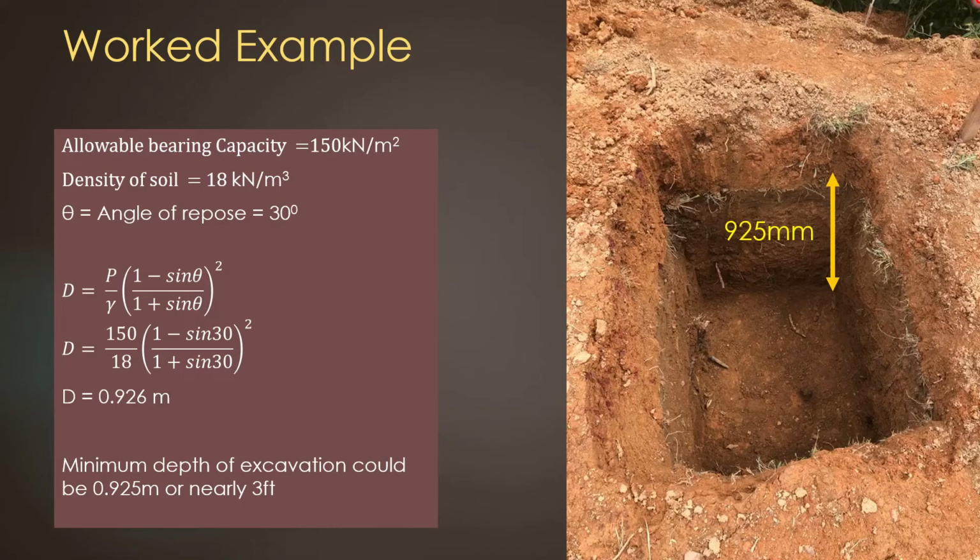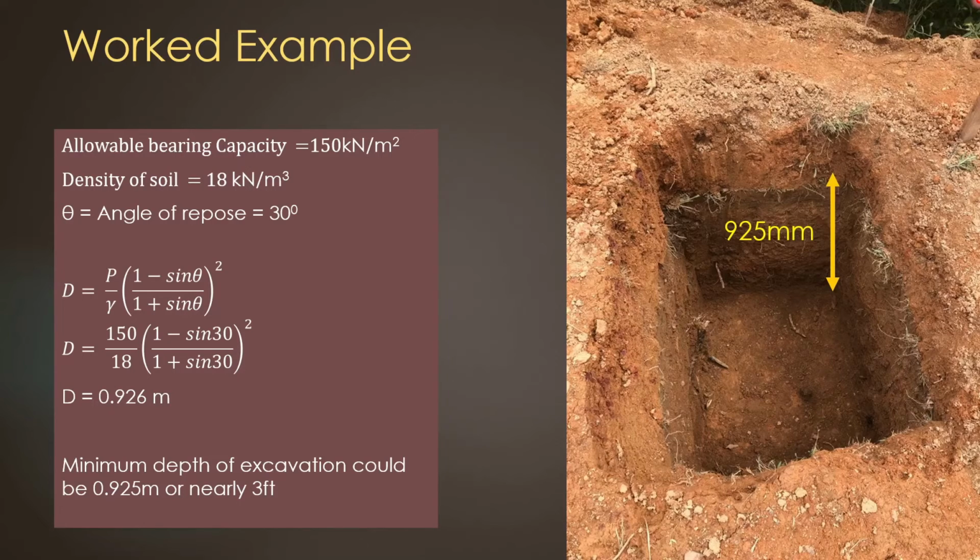Let's see how to calculate this. The parameters I have considered here are the allowable bearing capacity, density and angle of repose. Allowable bearing capacity, say 150. If you design for the allowable bearing capacity, then the foundation will be applied this pressure.